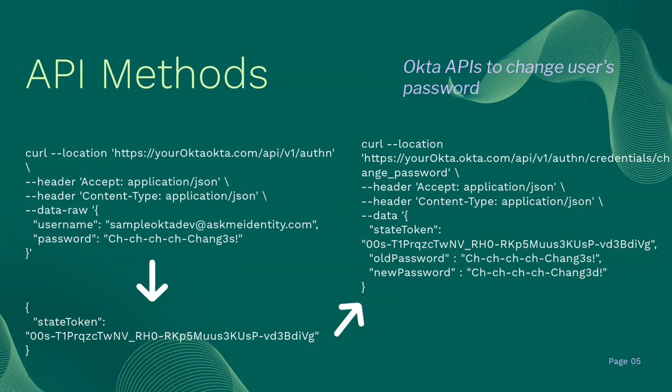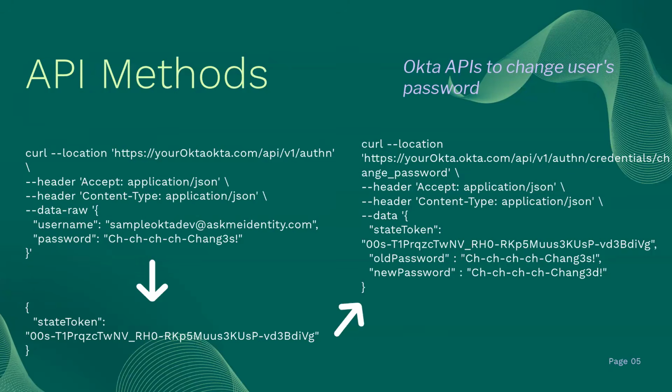So this is one of the example APIs we are using here to change the user's password when the user currently knows the password. So we will make a POST request to Okta's authentication endpoint and provide the username and the current password of the user and request a state token.